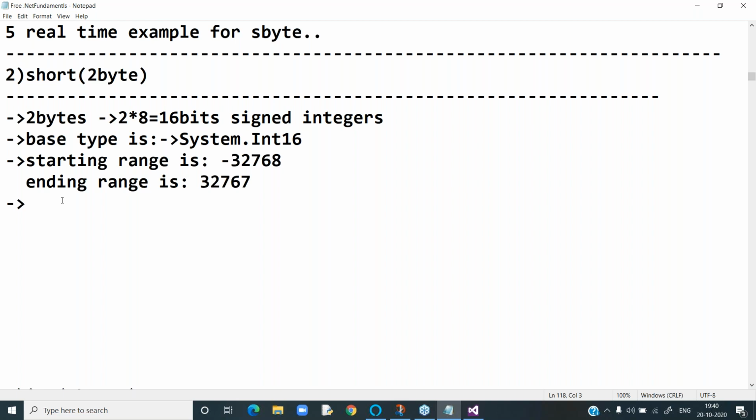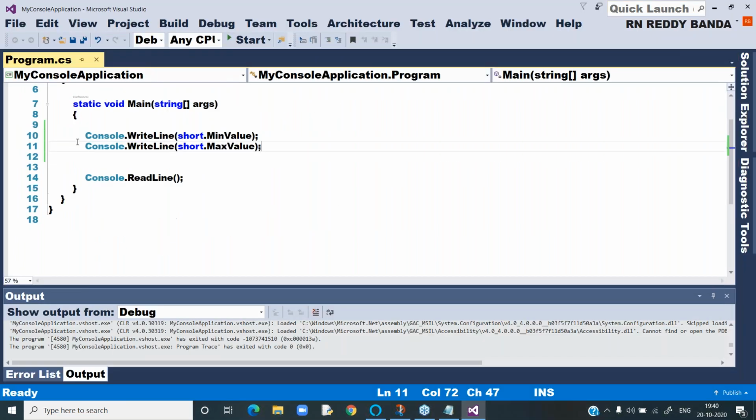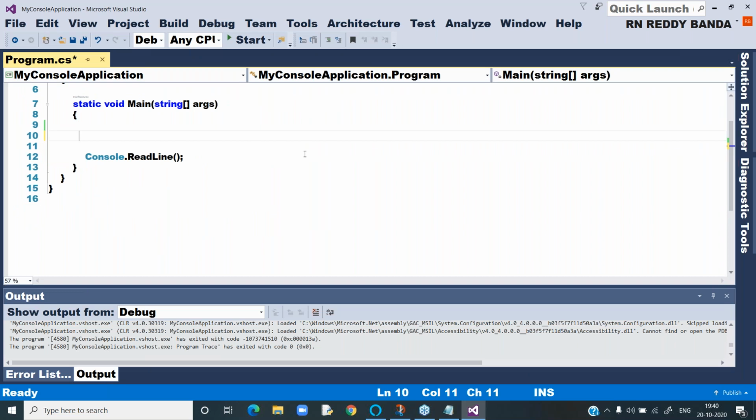Right. Next, the list of short variables. Let's go through short variable examples. Short a equal to 10, valid or invalid?